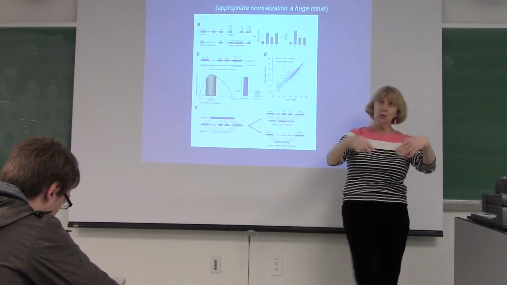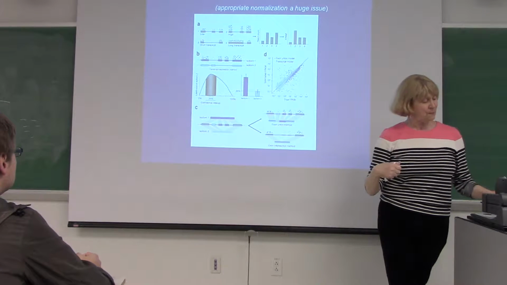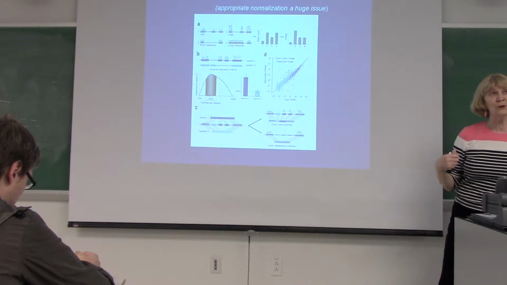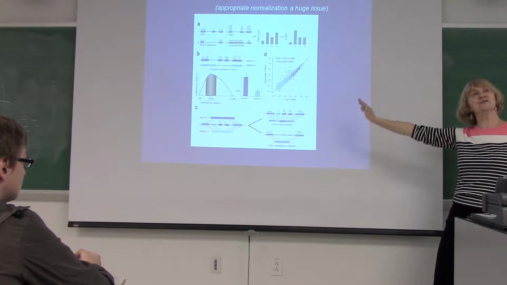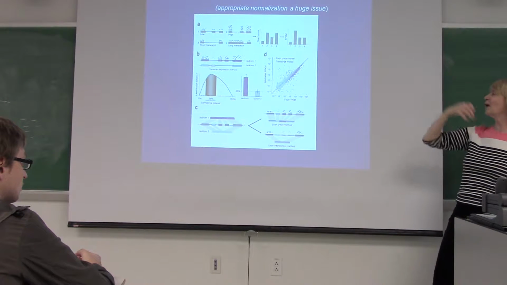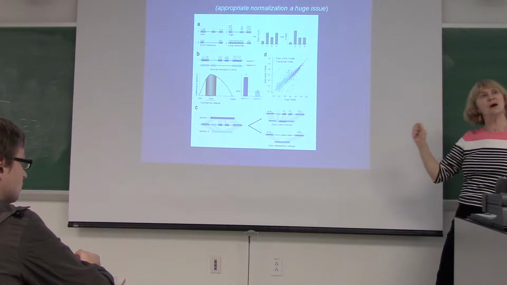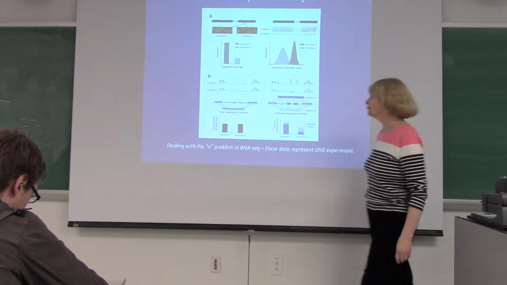We put in reference genes when we do this RNA-seq, but those aren't always the same from run to run. So even normalization, something that we've been dealing with as biologists for hundreds of years, even that's not worked out because of the massive data for RNA-seq.